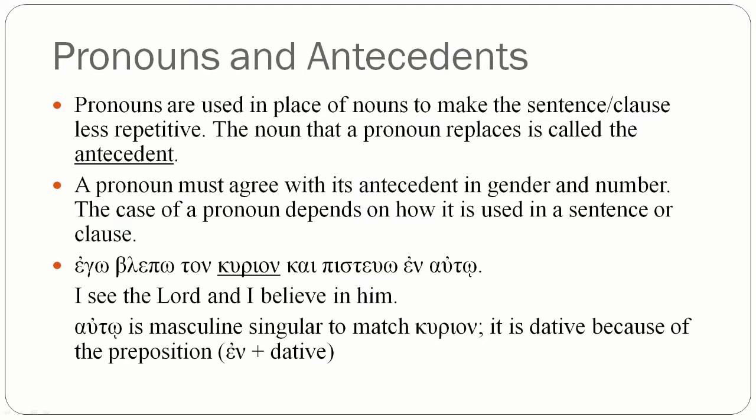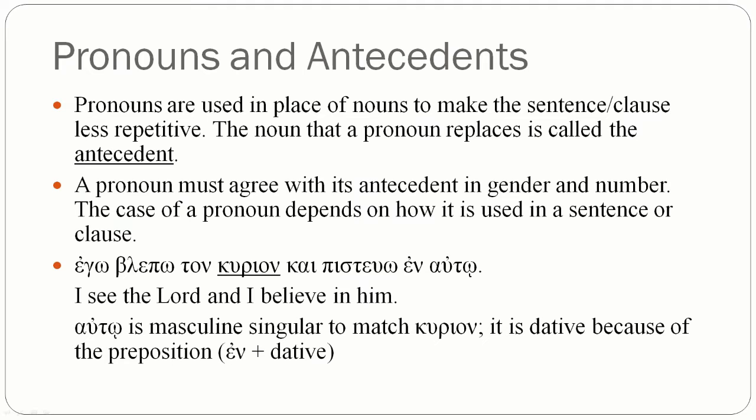Kurion is the object of blepo, therefore it must appear in the accusative case. Auto, then, is dative. Why isn't it accusative? Well, auto is the object of en, the preposition en. En always takes a dative. Therefore, auto must be dative.